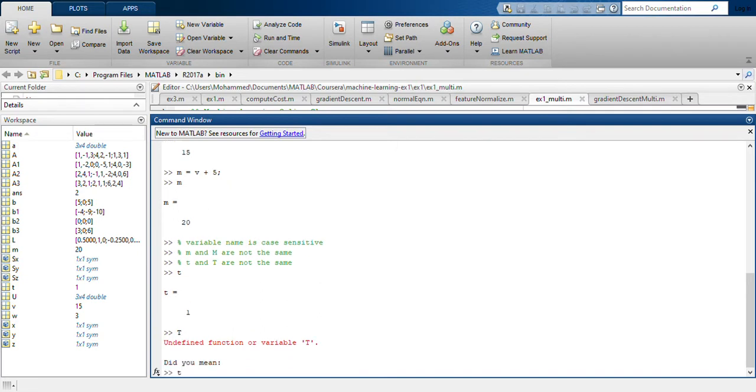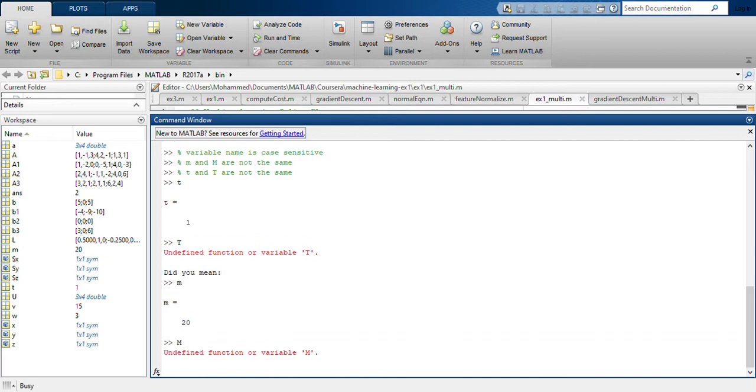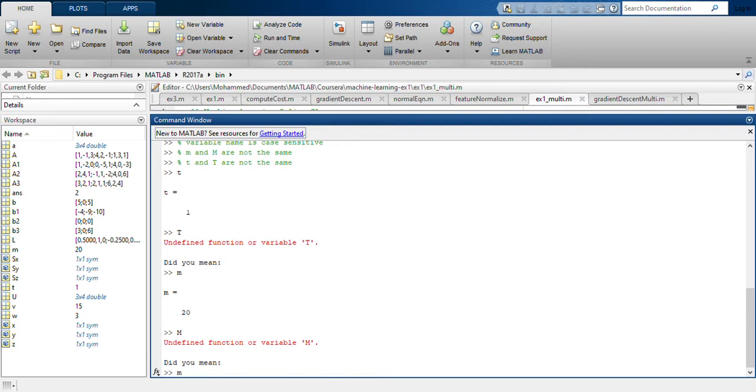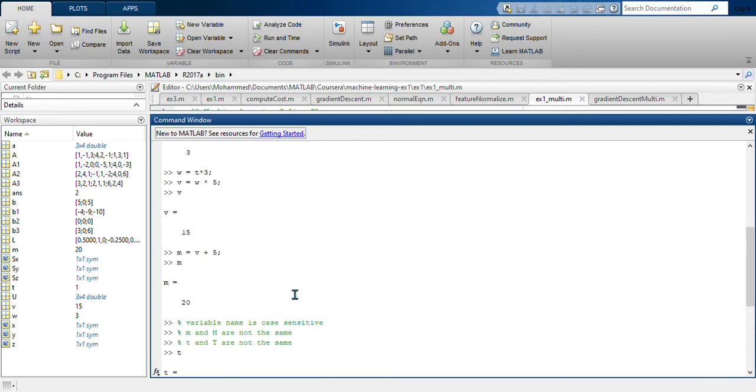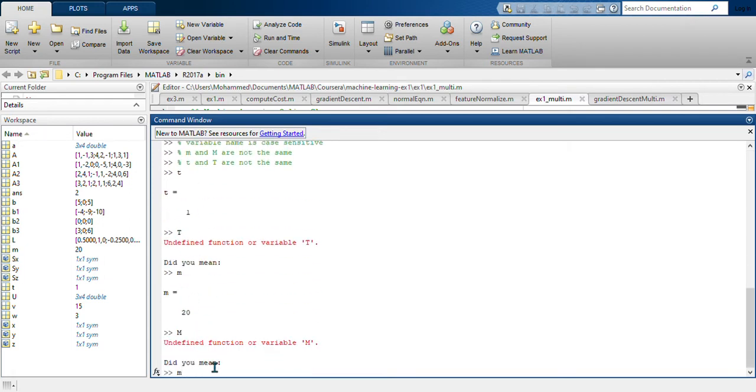So we did not define capital T, right? Similarly, if I write small m, it has a value of 20 because we have defined it and assigned a value to it. But now if I say capital M, it's not defined because we did not use capital M in our commands up to now. Okay, we know nowhere did we use capital M here, right? So you have to be careful when you're writing code in MATLAB, that your variable name is case sensitive.